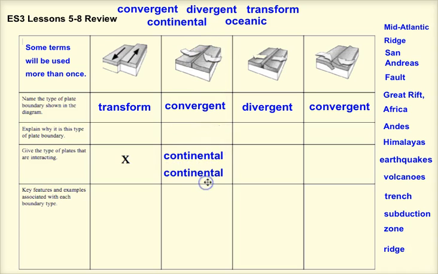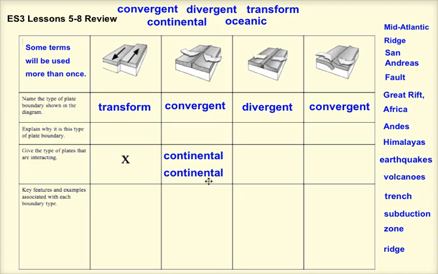Now some of you in the test just put continental. And I really didn't know what you meant by that. Did you mean that there's 2 continental plates? Or did you mean there was just one and you didn't know what the other one was? So I marked it wrong. Remember, you're supposed to be selling your answers to me. You want me to know 100% for sure that you know what you're doing. Some people put 2 continental plates.